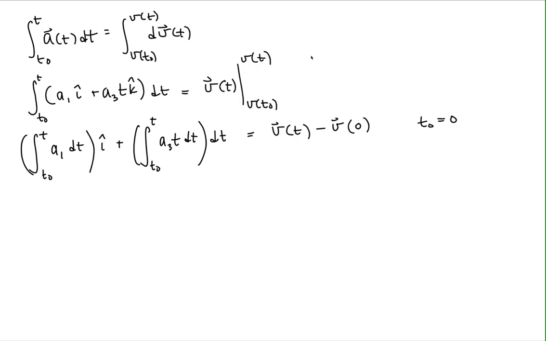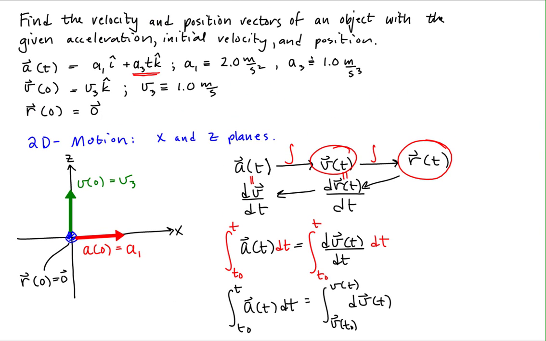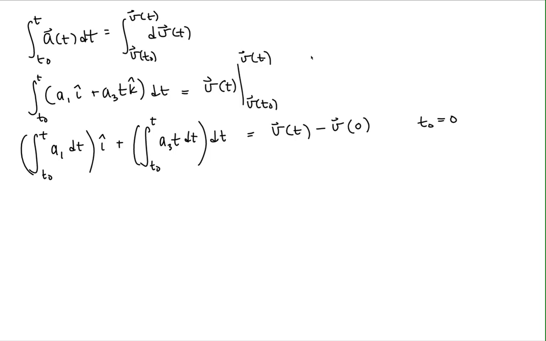Now I forgot my arrow symbols above these quantities for velocity, so I'm going to go back and fix them. Velocity is a vector, and it's important that we remember that. Okay, so integrating the x component, notice the x component of acceleration is a constant. So the integral of a constant with respect to time is just that constant times time, evaluated from t naught to t.